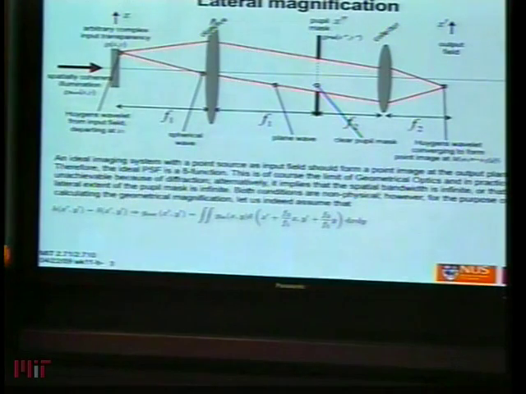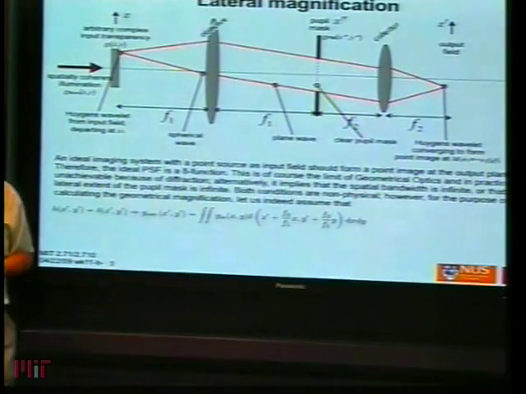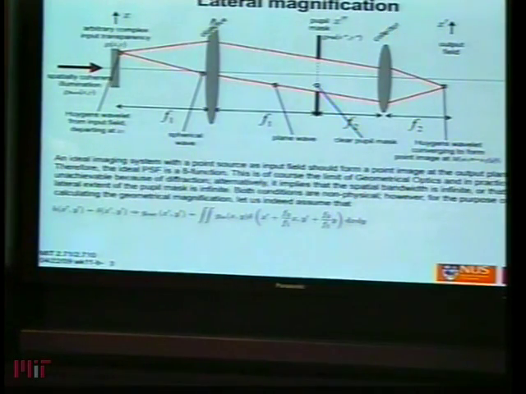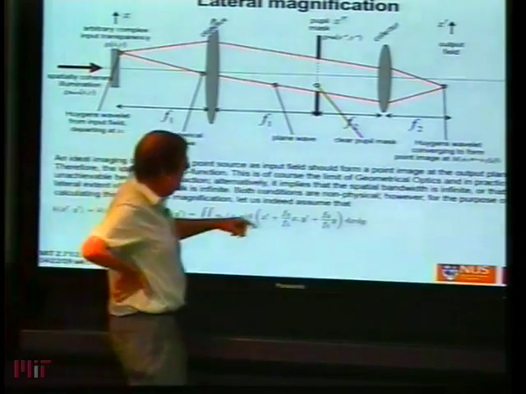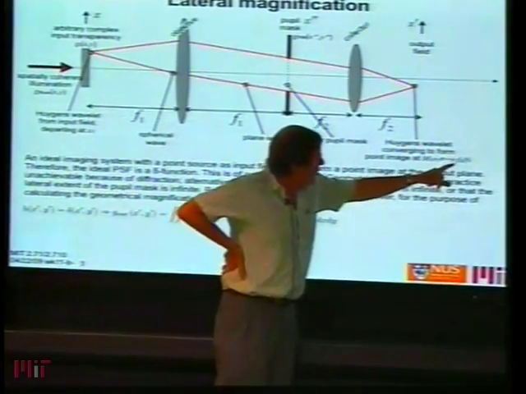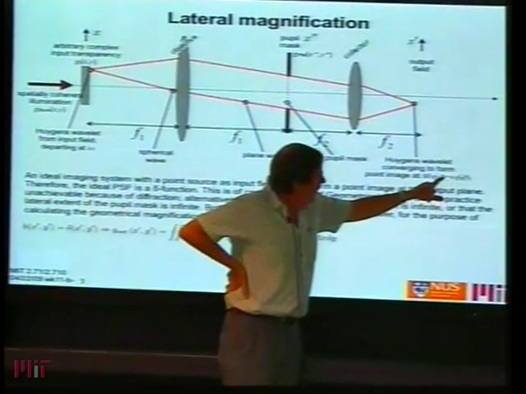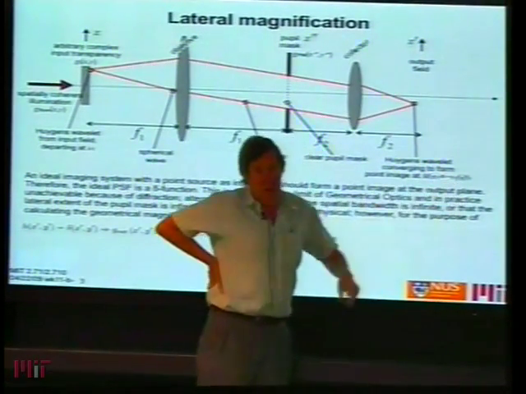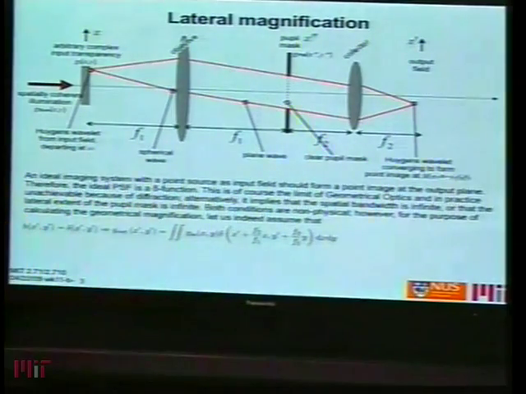And this is exactly what we found from geometrical optics. So the lateral magnification is this m_t, which is given by minus the ratio of the focal lengths, f2 over f1.